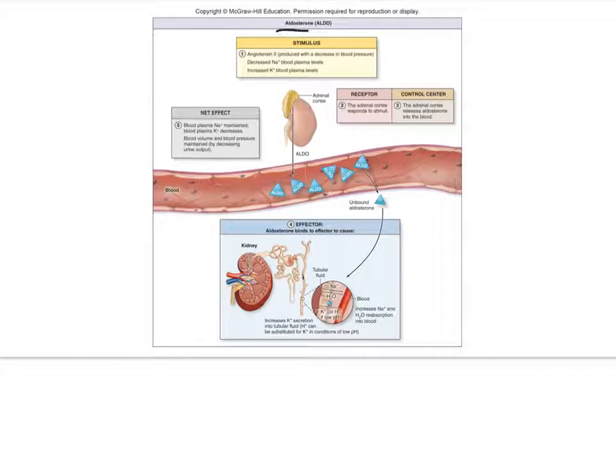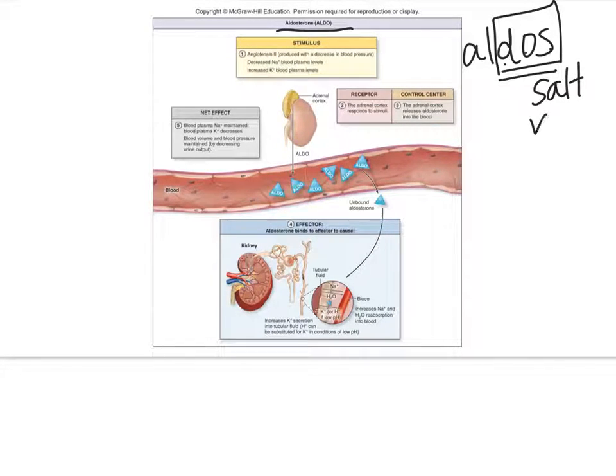Now aldosterone. My trick to remember it is that it's got sodium in the name, SOD. So it's the salt retaining hormone. You're going to retain sodium with it. The stimulus for aldosterone is angiotensin 2, decreased sodium, or increased potassium. The receptor and the control center are the adrenal cortex, and you guys know what the adrenal cortex is.